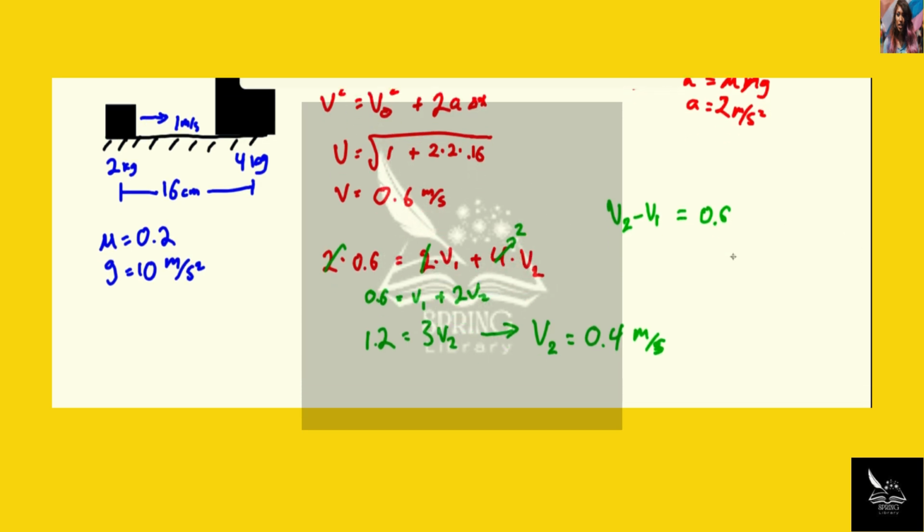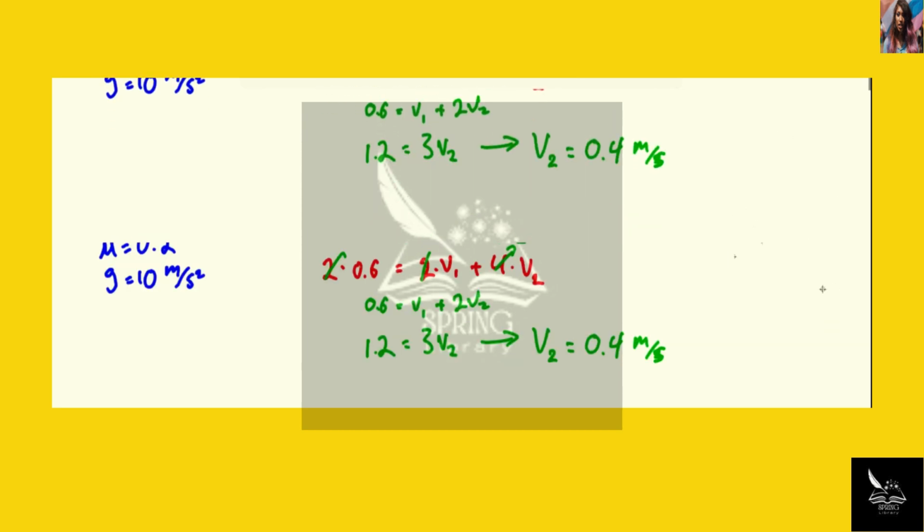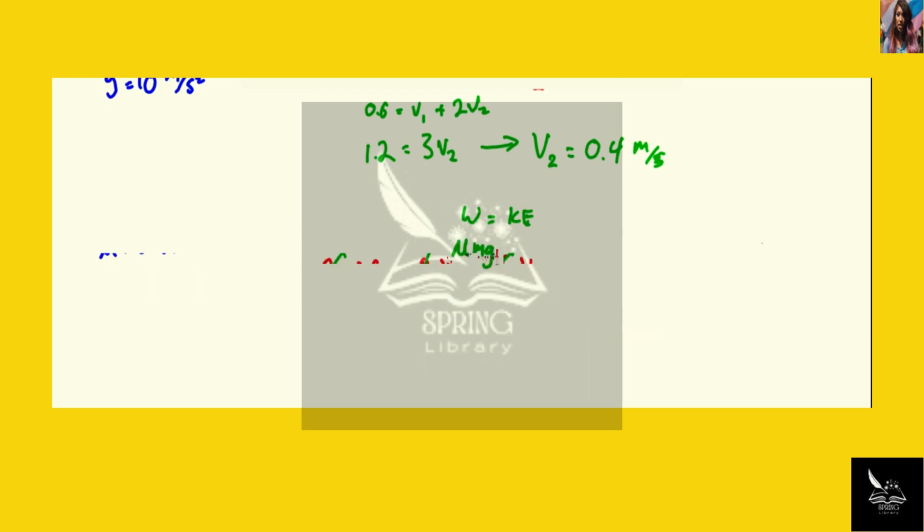And then to figure out how far the larger block traveled, we can use the work energy theorem, where the work done is equal to the change in kinetic energy. The work done is the friction force, mu times the normal force, times the distance, and that's going to equal 1/2 times the mass of the block times the velocity squared. There's mass on both sides, so those cancel out.